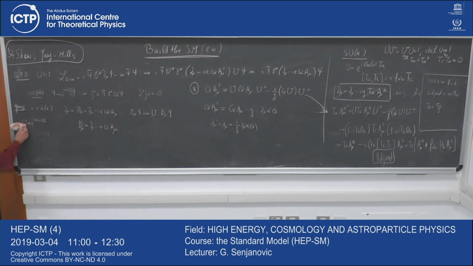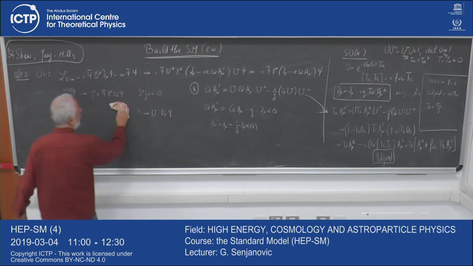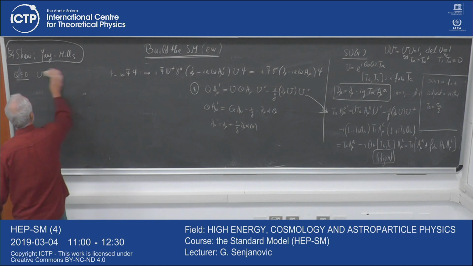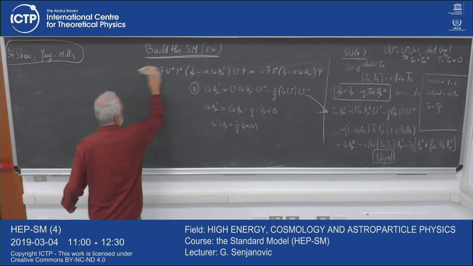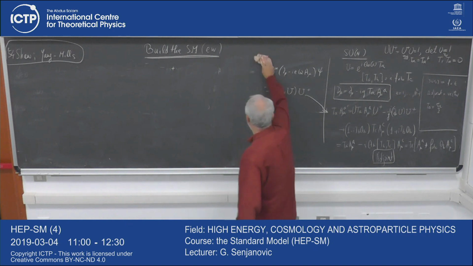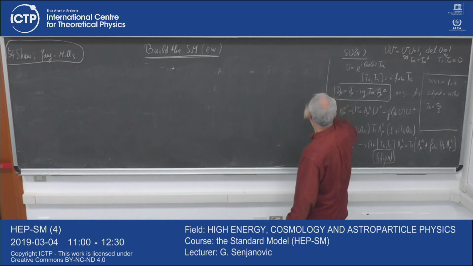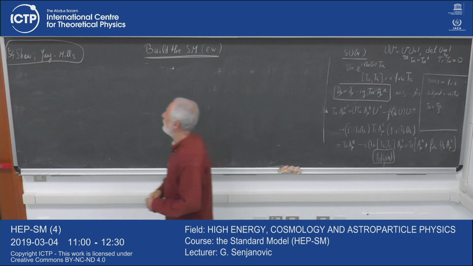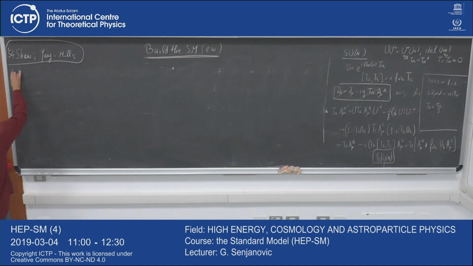Okay, so this is what we did on Friday. We pretended that we knew this, and I'm sure you did know. And then we said, well, it's trivial now. The first step is going to be easy if I want to build a unified theory. By that time, of course, in '56, we learned that parity is broken.